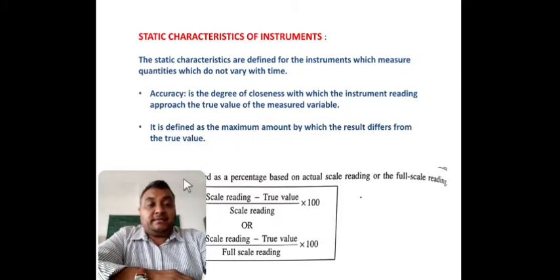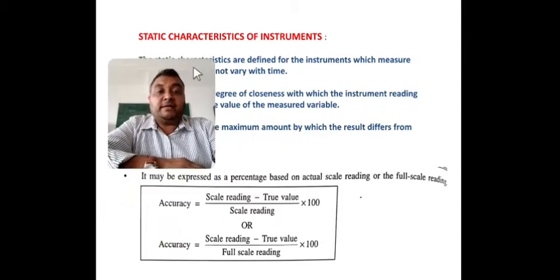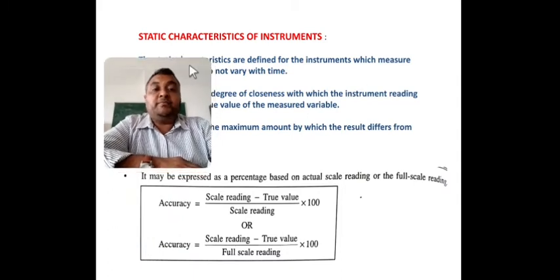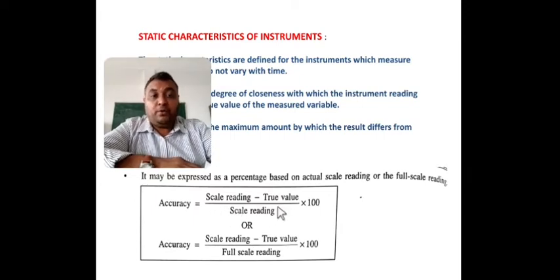And that is the equation of accuracy given over here. It says that accuracy is equal to scale reading minus true value divided by scale reading. Whatever reading you get on the scale, minus true value, divided by scale reading, you will get the percentage of accuracy. And also you can use this equation: accuracy is equal to scale reading minus true value divided by full scale reading into 100.